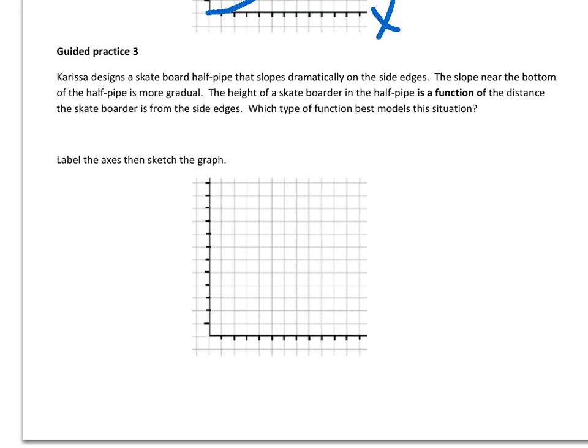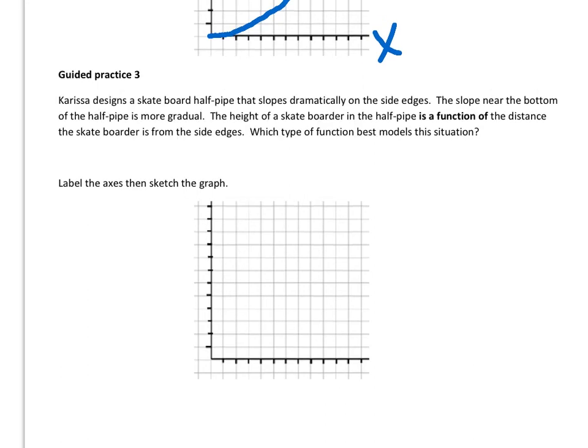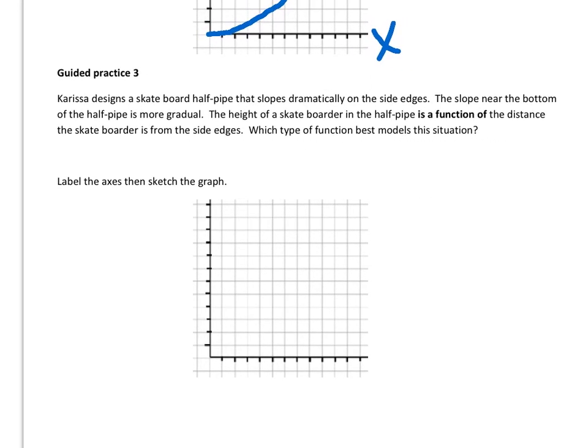Let's look at this one. Carissa designs a skateboard half pipe that slopes dramatically on the side edges. Near the bottom of the half pipe, the slope is more gradual.